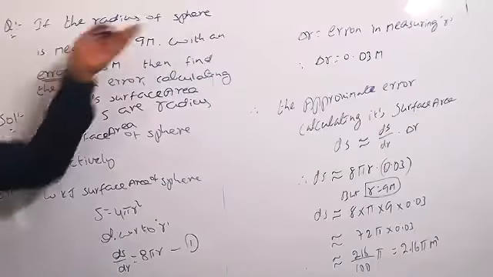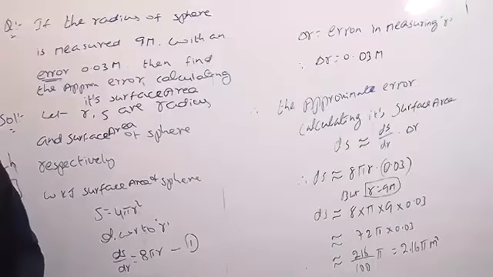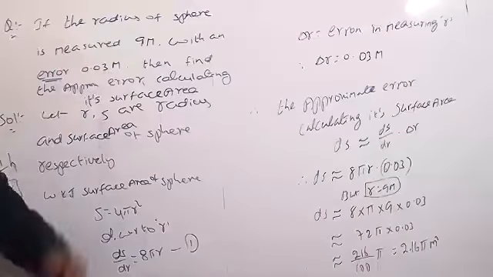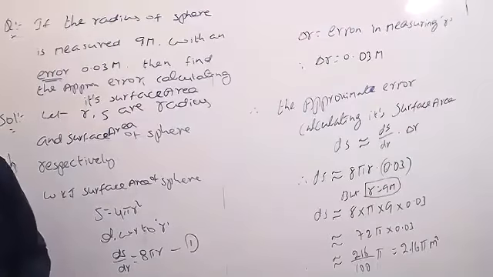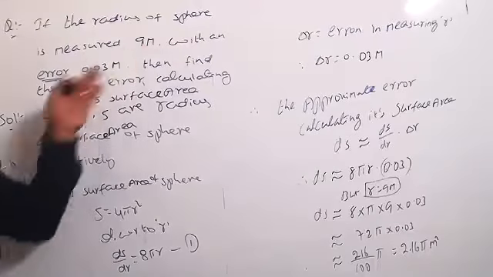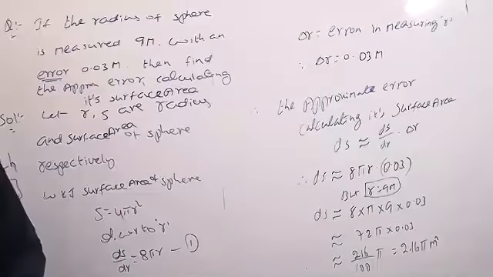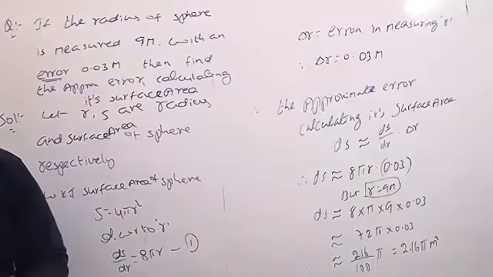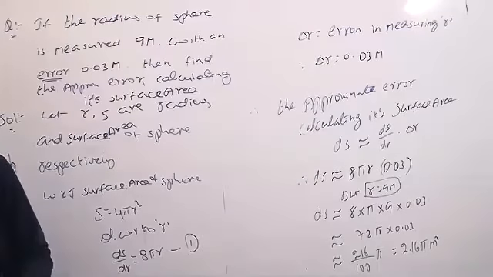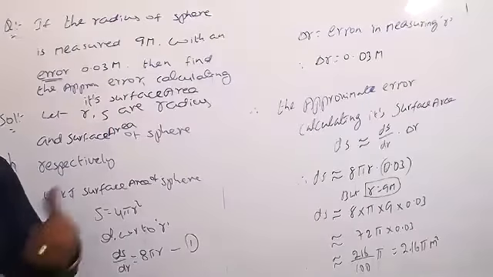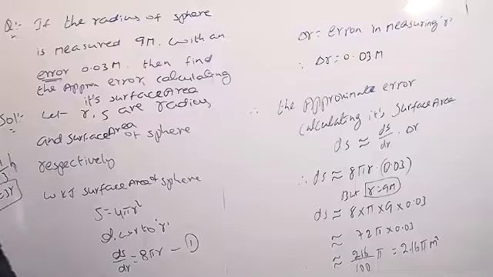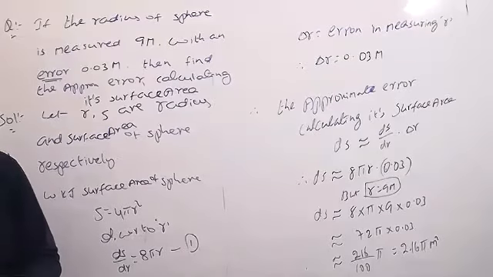The radius of the cylinder is measured as 9 meters with an error of 0.03 meter. Then find the approximate error in calculating its volume, if the radius of the cylinder is 1/3 of its height. Once we try it, maybe the question is not there in the book, but we are creating it ourselves. Try it, you will get some answer.